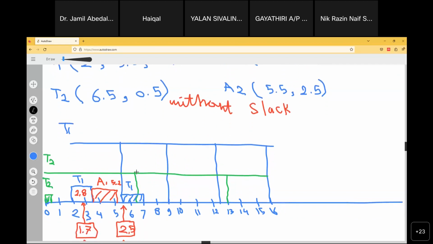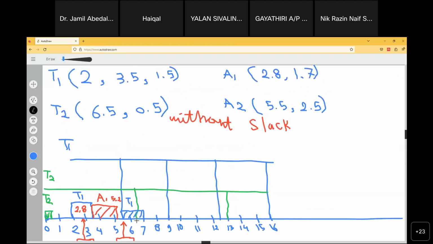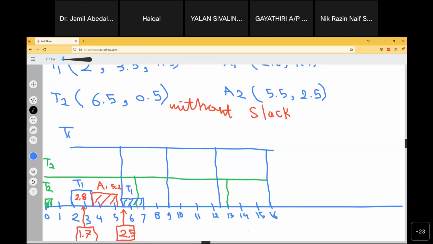If you check here, task 2 is released at 6.5. So that means at this point we have two options: execute task 2 and A2, but the priority is given to task 2. So we cannot execute A2.